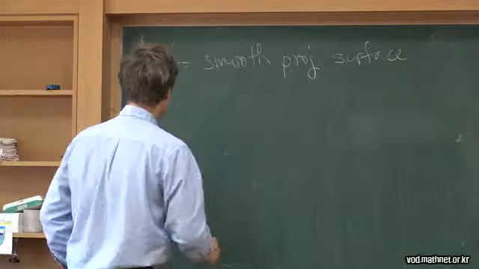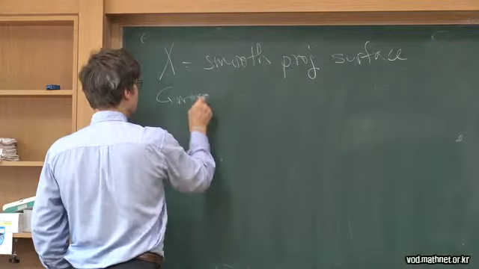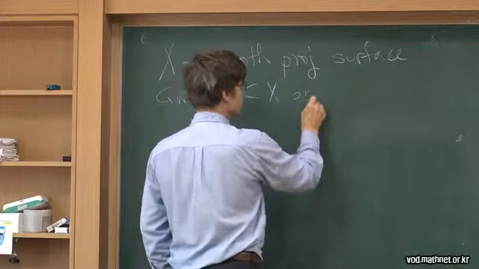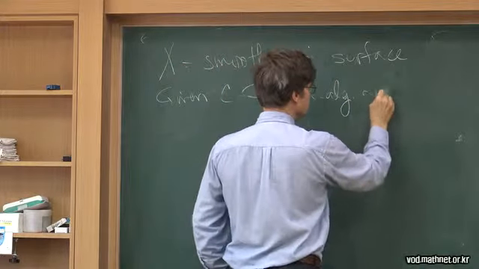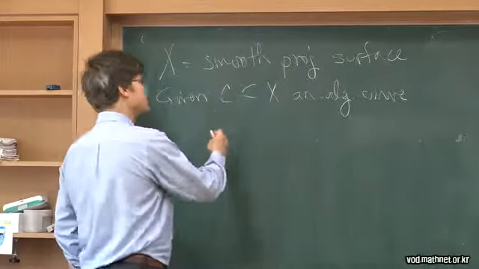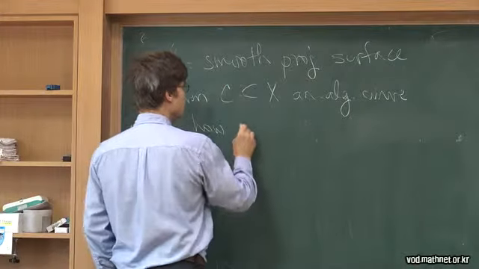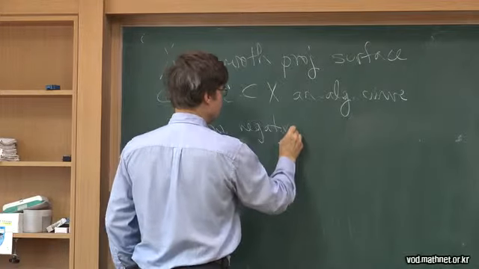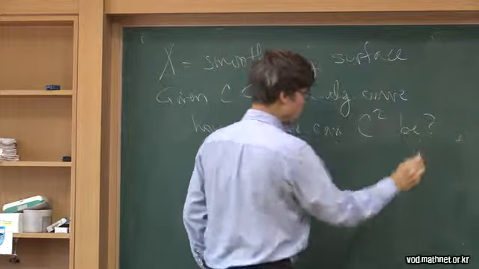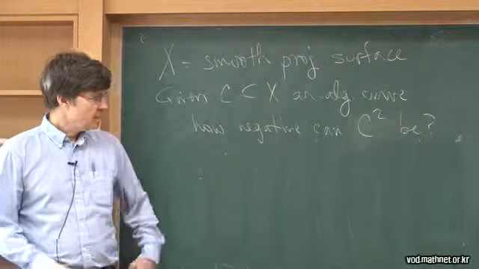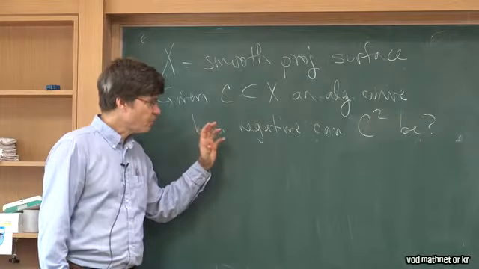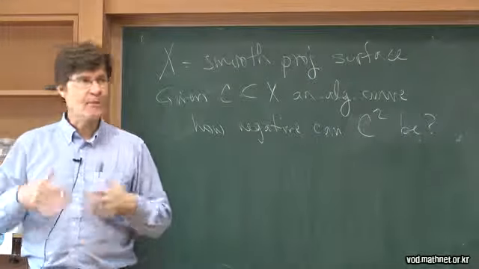And so the question is, given an algebraic curve, we have an intersection theory on the surface. How negative can the self-intersection be? And so that's the general idea. In fact, it can be arbitrarily negative unless we make some conditions.